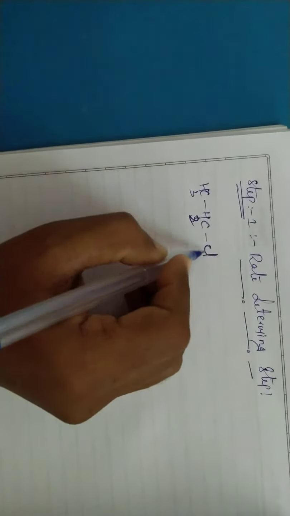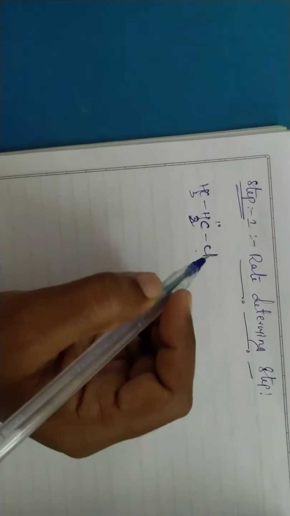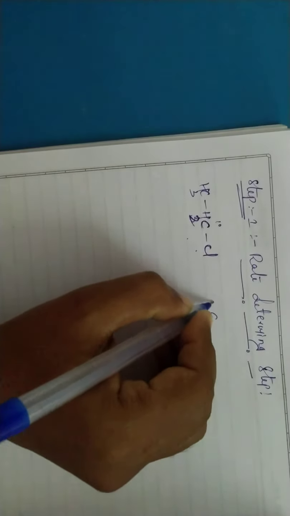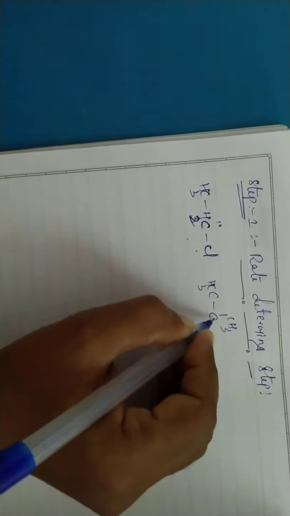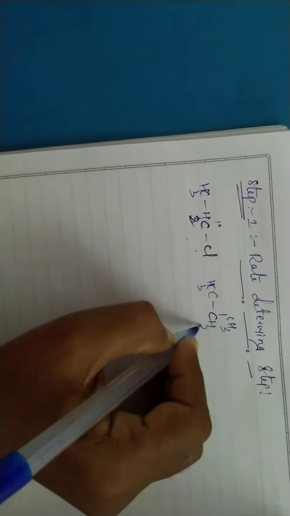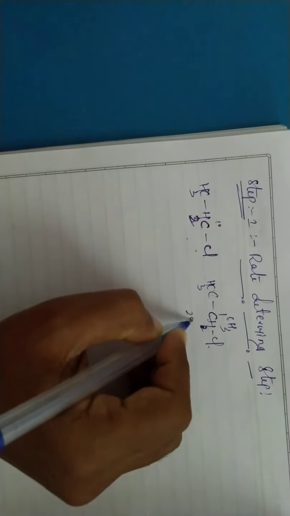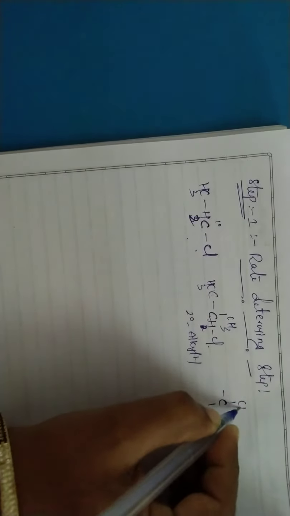If a halogen is present on the primary carbon, it is called a primary alkyl halide. Again, if the halogen is present on the secondary carbon, which is connected directly with two carbons, it is called a secondary alkyl halide. So when chlorine is present on the secondary carbon, it is called a secondary alkyl halide. Again we have the tertiary carbon.